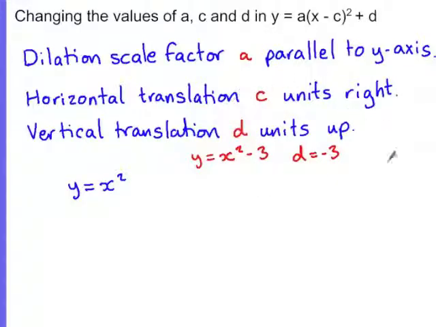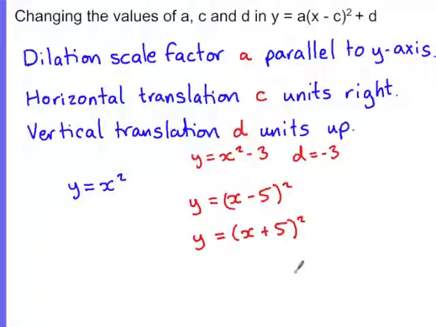In our horizontal translation we had y equals (x take 5) squared, and so we went 5 units to the right. But what if that was y equals (x plus 5) squared? What's the value of c there?